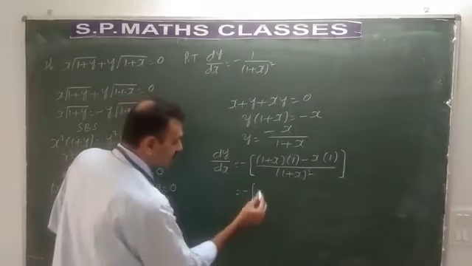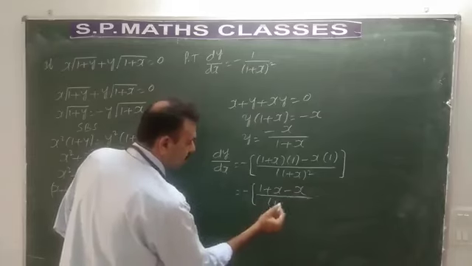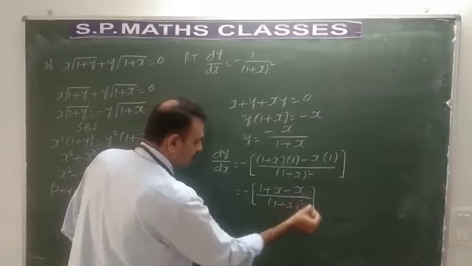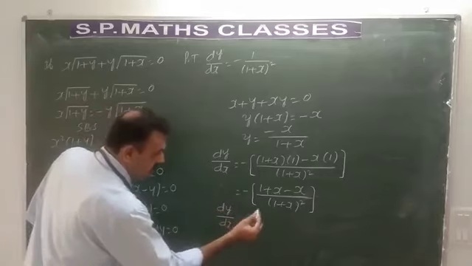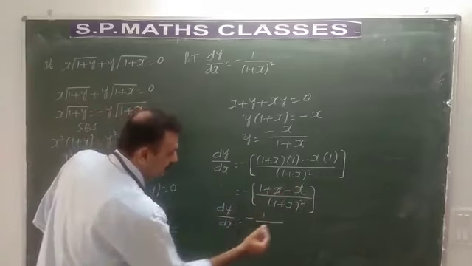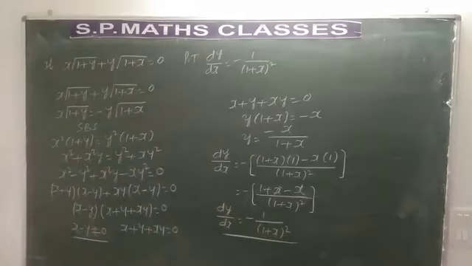What you will be getting further? 1 plus x minus x divided by 1 plus x the whole square. dy by dx will be minus 1 divided by 1 plus x the whole square. So answer is dy by dx will be minus 1 divided by 1 plus x the whole square.